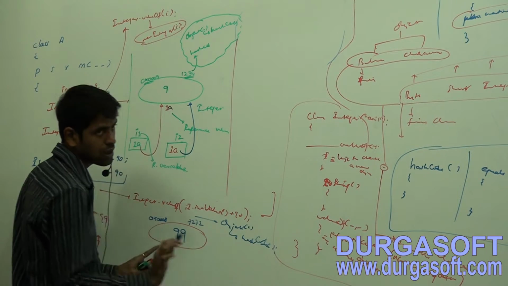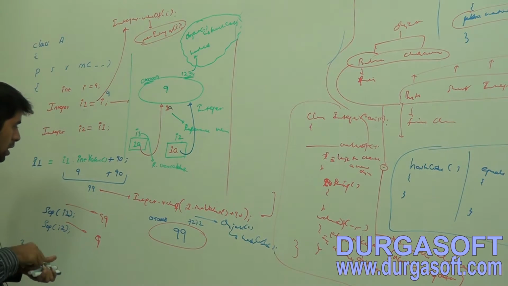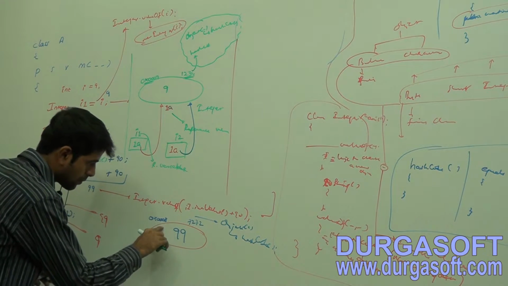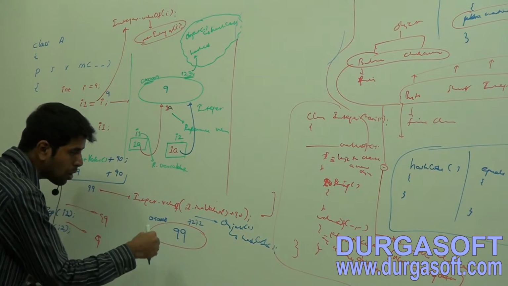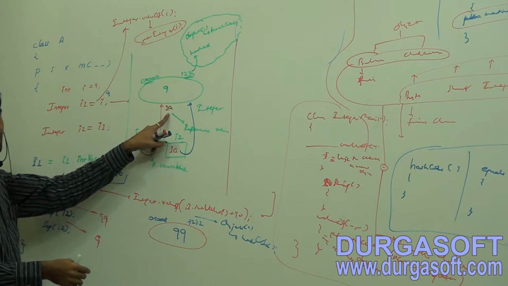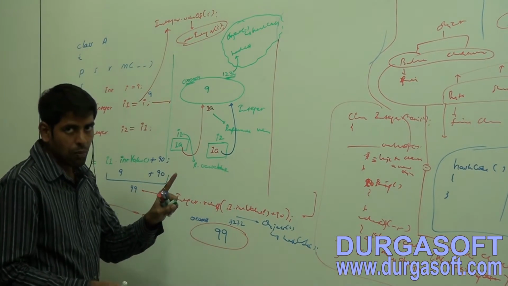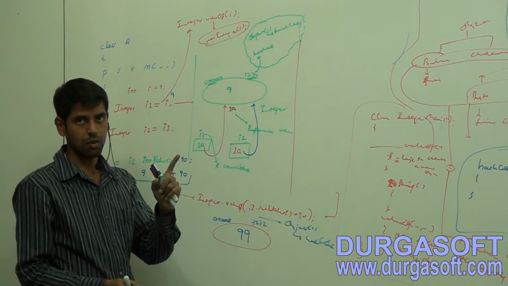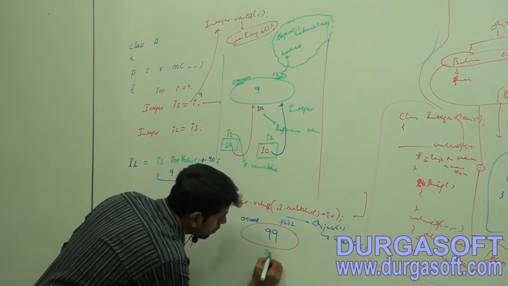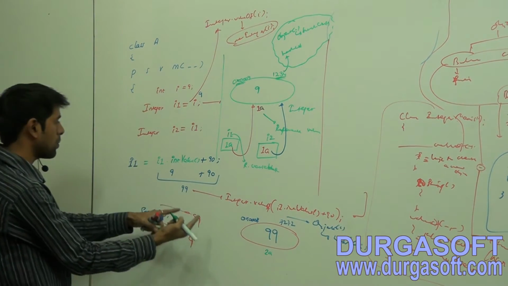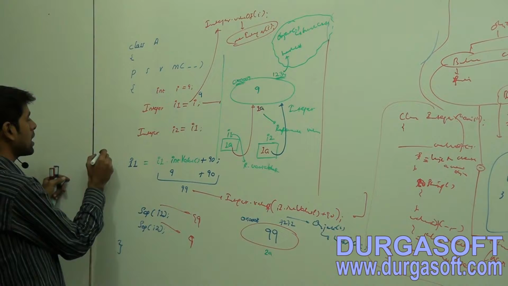I will prove all of these things. Now this hash code's approximate hexadecimal string value is the reference value. Let it be 2a. Now this 2a we are assigning to I1. What is the I1 type?